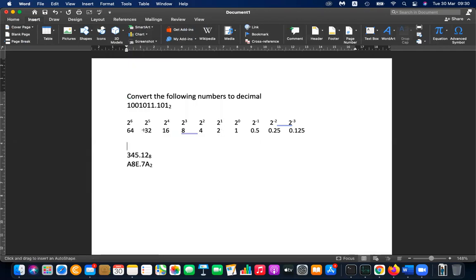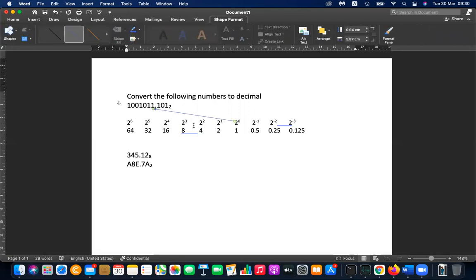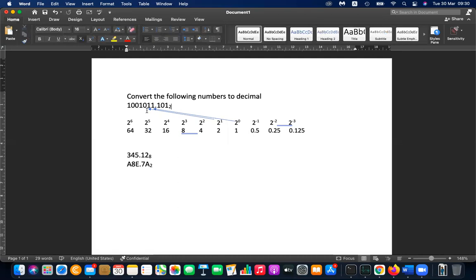Right here, 2 to the power 0 is pointing to this digit, 2 to the power 1 is pointing to the next digit. Then 2 to the power 2, it's 0, so no need to point that.